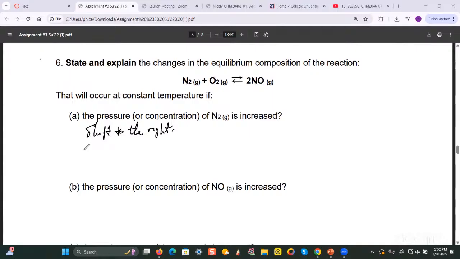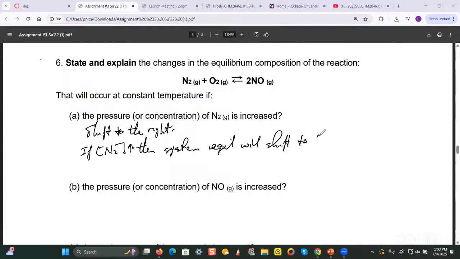Let me start you off. If the concentration of N2 is increased, then the equilibrium will shift to the right to decrease the concentration of N2.